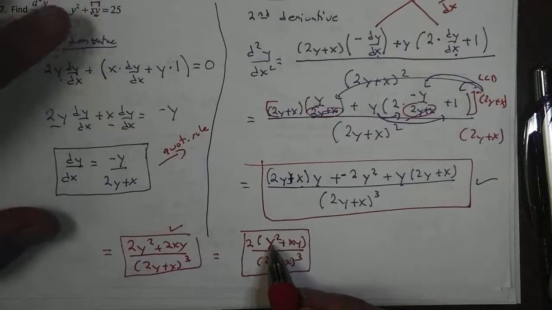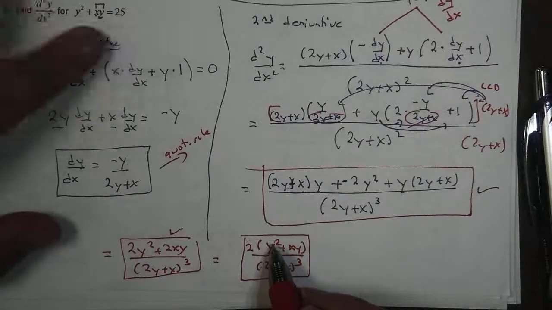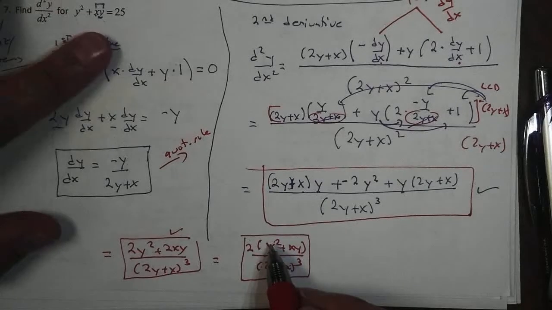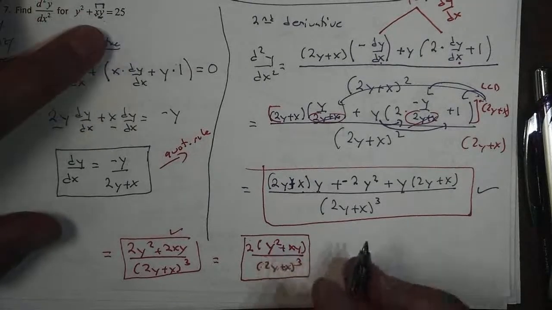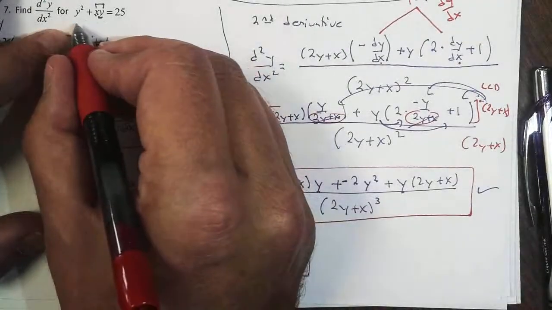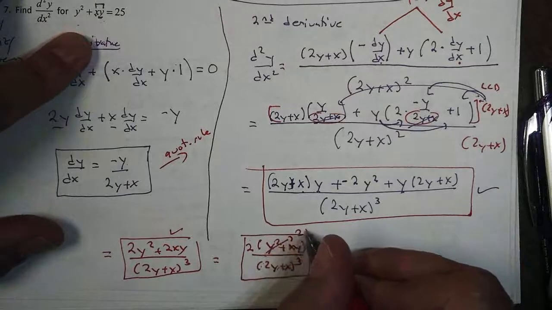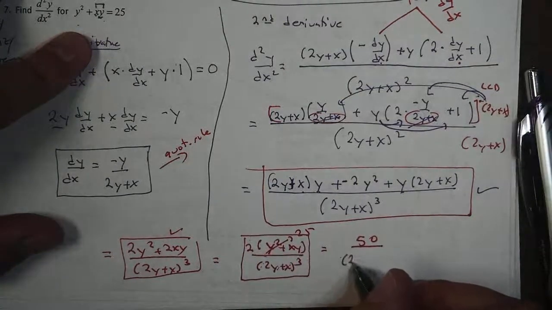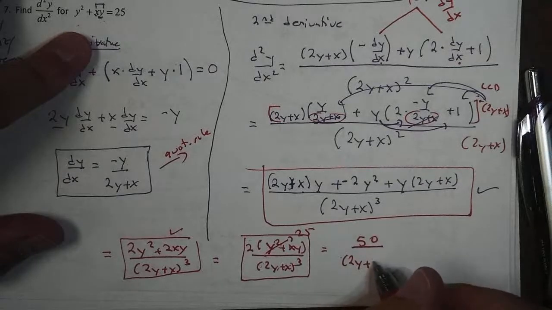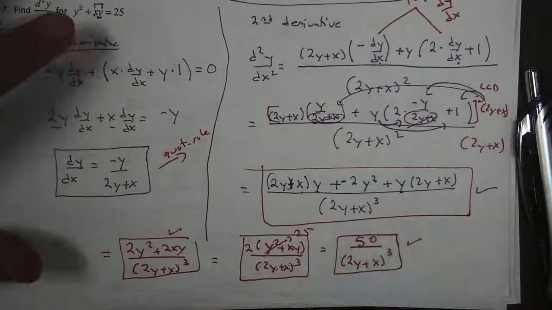Why would you want to have y squared plus xy? Up here, y squared plus x squared is 25. So this right here is just 25. So my final answer, if you simplify it all the way, is 2y plus 50 over 2y plus x cubed. And that's as simple as you can make it.